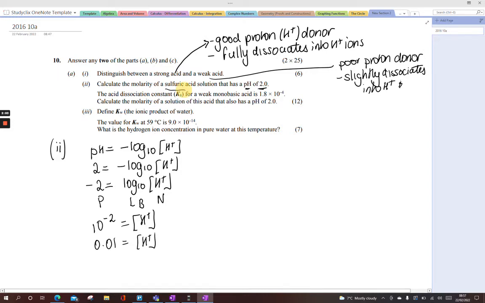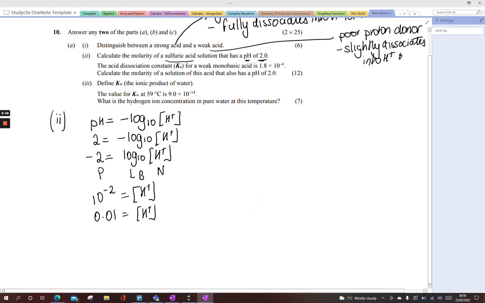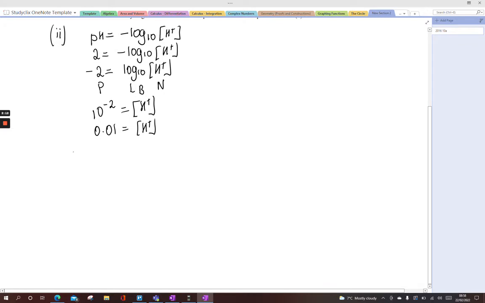Now sulfuric acid, alarm bells should be ringing every time we do sulfuric acid, because sulfuric acid is known as a dibasic acid. So H2SO4, strong acid, and it breaks down into 2 hydrogen ions, because its conjugate base is also a weak acid itself, plus SO4 2 minus. Now at this stage, what determines the pH, the power of the hydrogen ions, is the hydrogen ions.